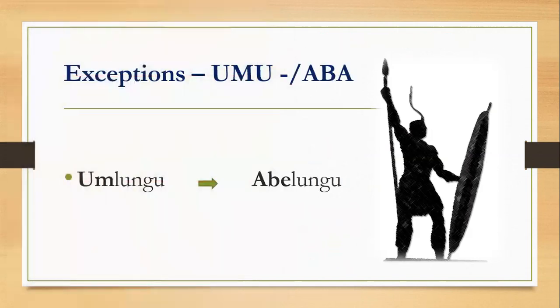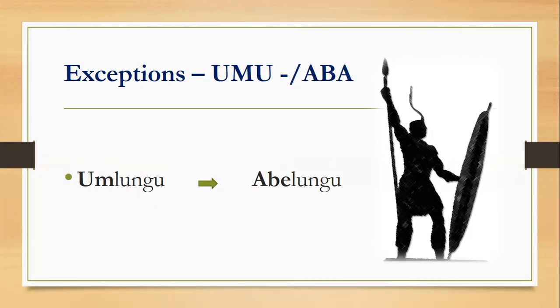All right. So here's the exception that I talked about. Umlungu, which falls under noun class 1 like umuntu, cannot become abalungu, because the plural noun prefix for umuntu is abantu.